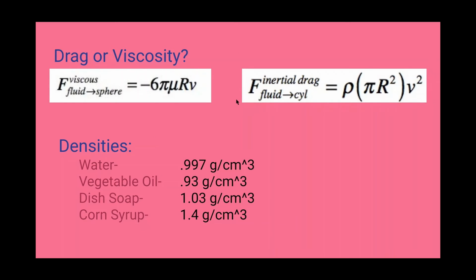However, due to the limitations of Tracker, we can't do this because there are only a few frames during the acceleration of the ball, so we can't plot these curves. So instead, we're going to say that water, which has an equal amount of viscosity and drag, has this density, and anything greater than that density will have primarily viscosity, so dish soap and corn syrup, while vegetable oil, which is less, will have a mix of both, so we cannot determine which will be the primary force.